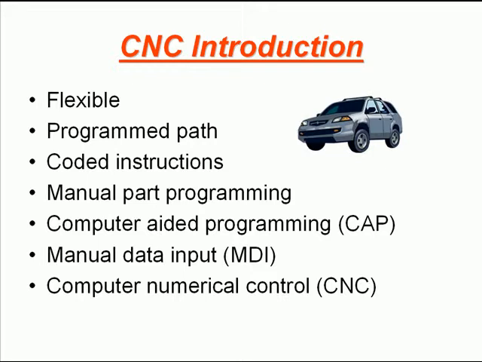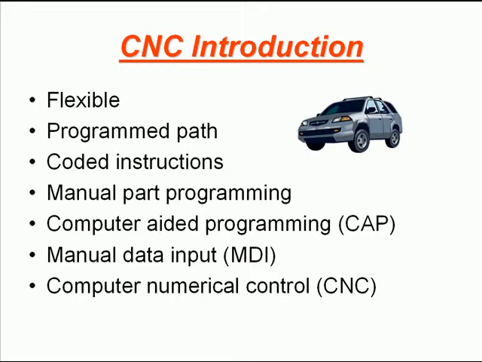Now, some of the benefits of CNC, computer numerical control, is the flexibility of things being manufactured. First of all, CNC equipment is pretty expensive. You can spend hundreds of thousands of dollars on one CNC piece of equipment. And so it's good to be flexible.